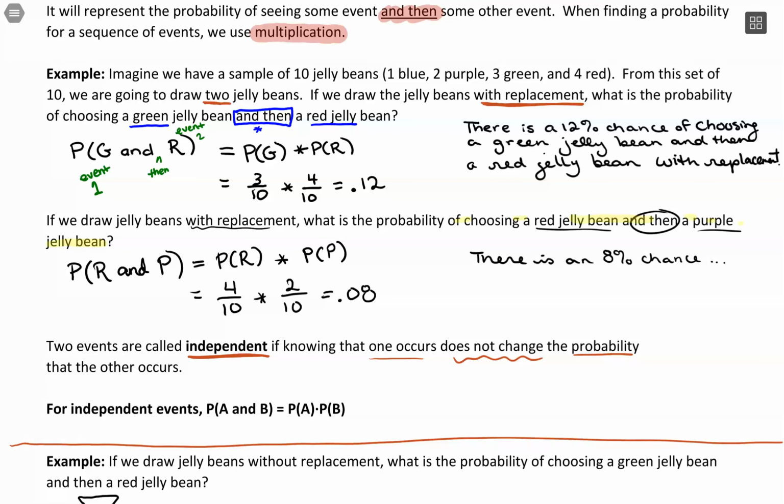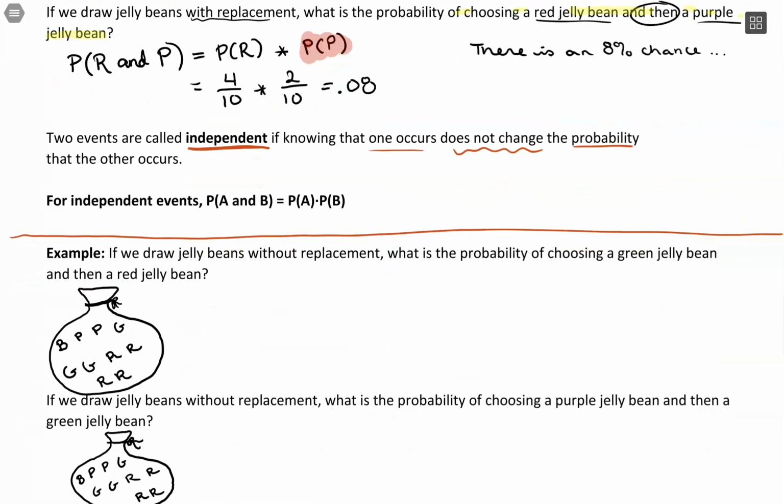So we have independence because the probabilities aren't changing selection to selection or event to event. The idea being especially focusing on the second event here. So that probability of purple or probability of red, like in this first example, when I go to select the red jelly bean, if I go back to my bag down here, the idea would be that I select a green jelly bean and I took it out and that had a 3 out of 10 chance of occurring.